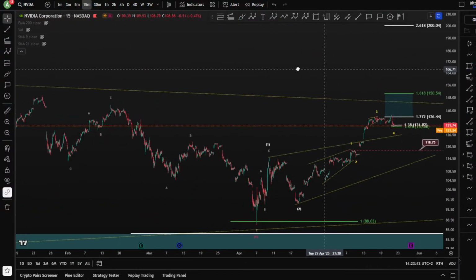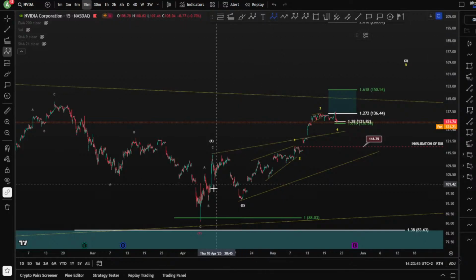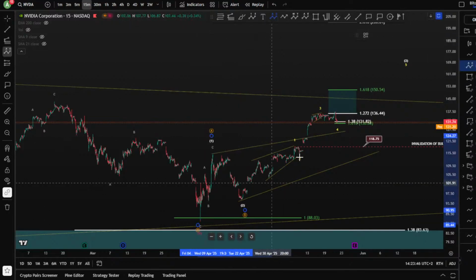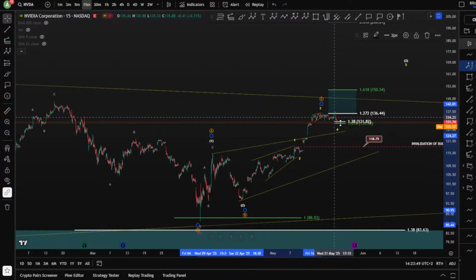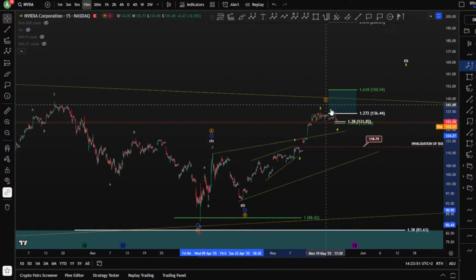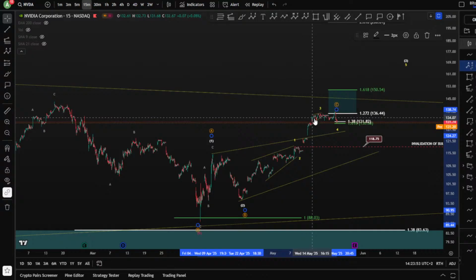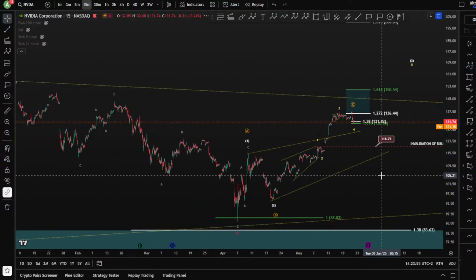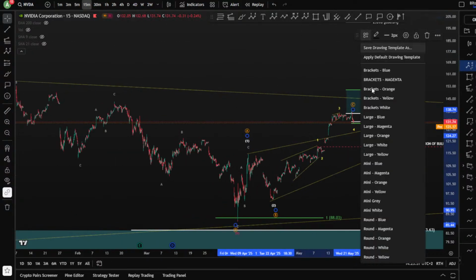We might be in ABC finished. A, B, and a C toward the upside. So maybe finished here was 1, 2, 3, 4, and a 5. Nobody knows. So we're going to keep this in mind as well.